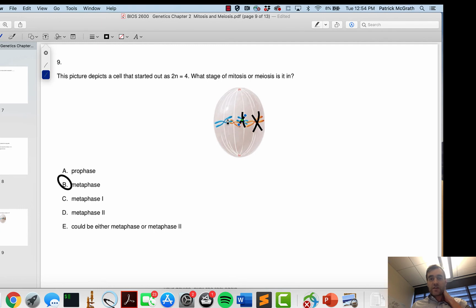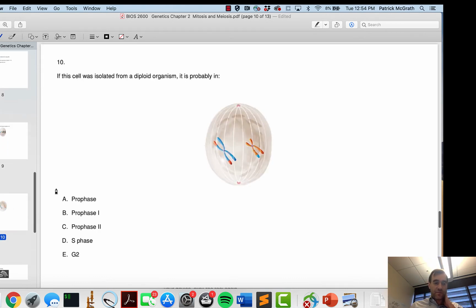If the cell looked like this, where you had one blue copy of the big chromosome and one orange copy of the orange chromosome, and you knew it was 2n equals 4, then you would know the answer is metaphase 2. But because that's not what's shown, the answer is B. A decent number of you chose E, so I just thought I'd highlight that.